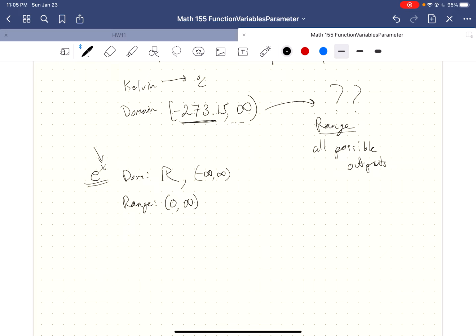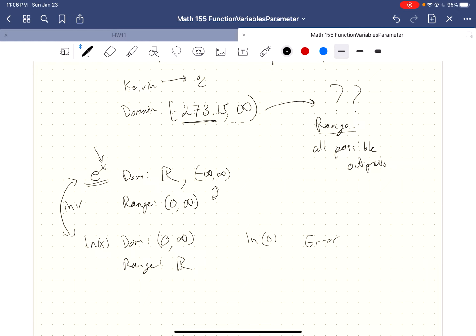And little fun fact, when you invert a function, you're just flipping x and y, which means you flip the domain and range. So the domain of the natural log, which is the inverse of e to the x, well, you can only input positive numbers. If you try and enter something like natural log 0 on your calculator, it'll say error. Okay, it's not defined. And its range, well, again, I'm just flipping these.